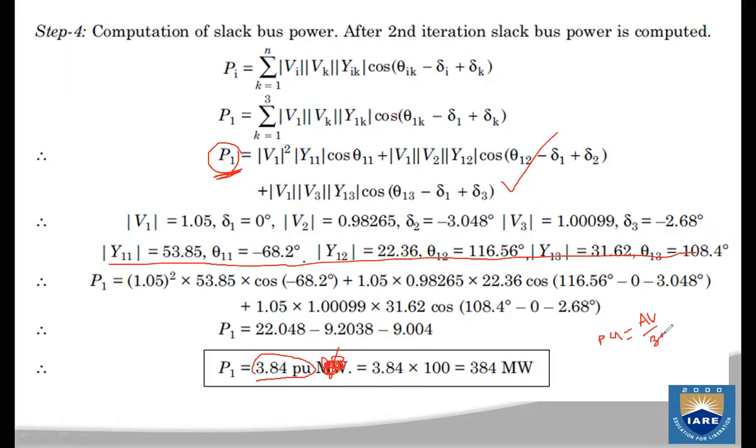So to get the actual value, you multiply this per unit value with the base value, which is 100. If you multiply 3.84 with 100, you get the actual power at the slack bus, which is 384 megawatts. Similarly, by using another static load flow equation, for reactive power, you can calculate the reactive power at the slack bus.